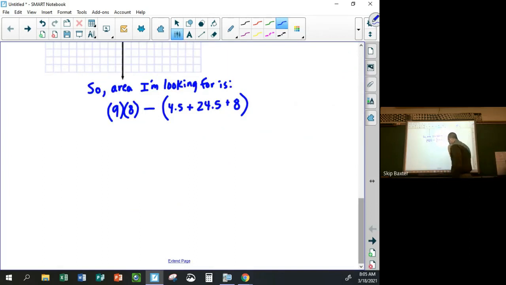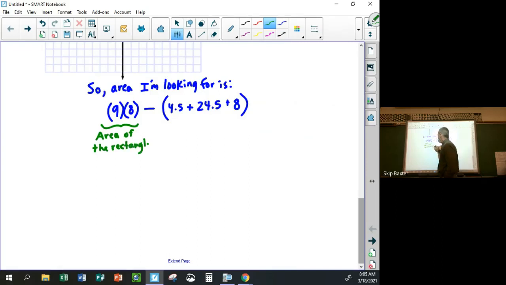Okay? So this first thing is the area of the rectangle. What's that? 72. Yeah. So this is 72. And these are the areas of the unwanted triangles.